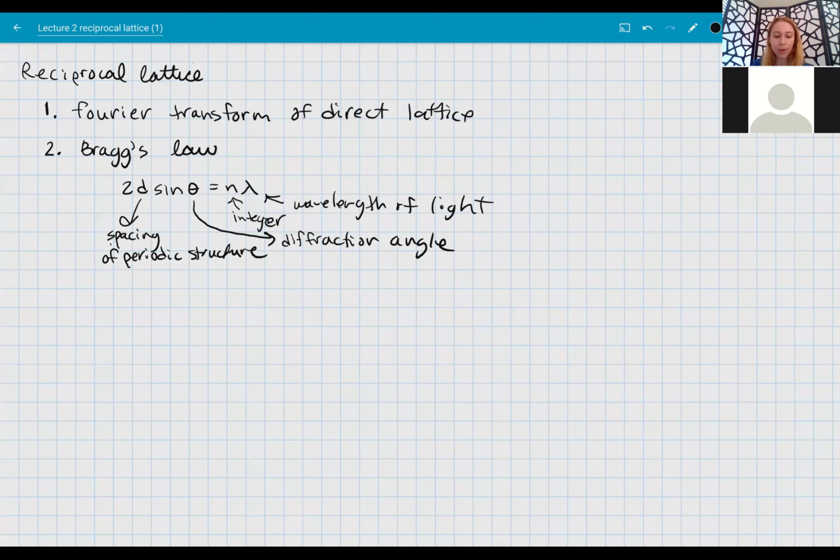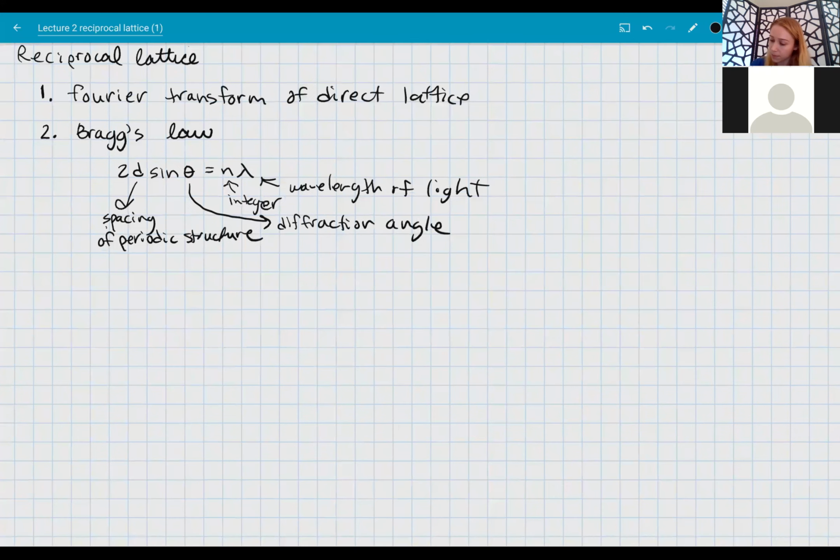But now let me start by defining what the reciprocal lattice is. All right, so as a reminder, the direct lattice is represented by primitive translation vectors, which are called A1, A2, and A3.